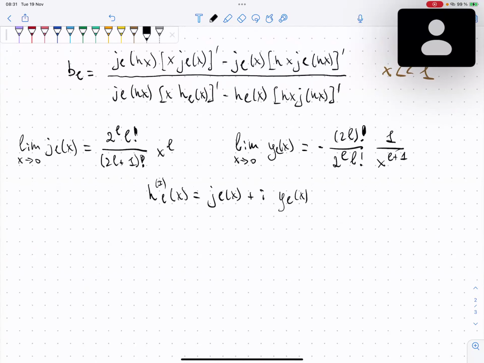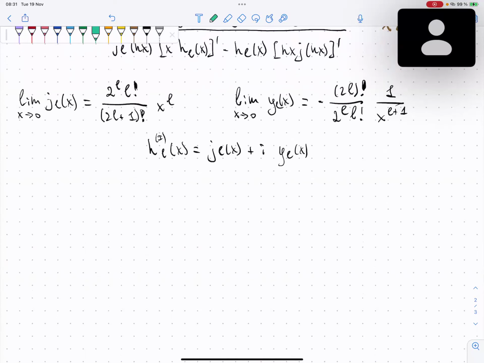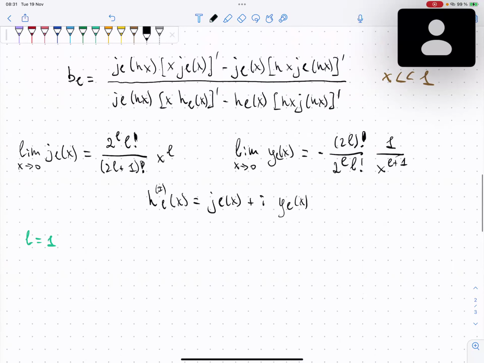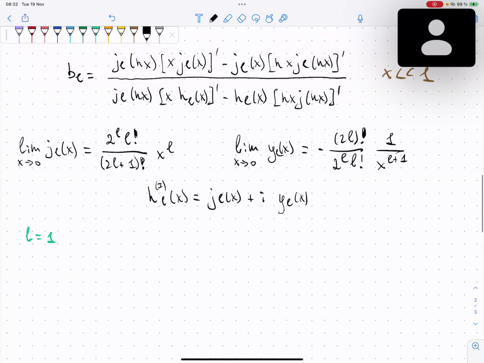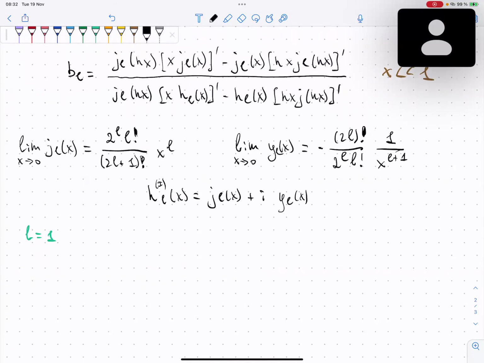So let's consider, for example, the first two. Let's consider L equal to 1. I will not take the rigorous limit, but we can hand-wavingly say that basically this is like B1 of x in the limit x to 0.